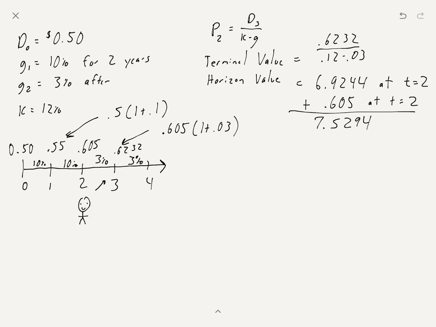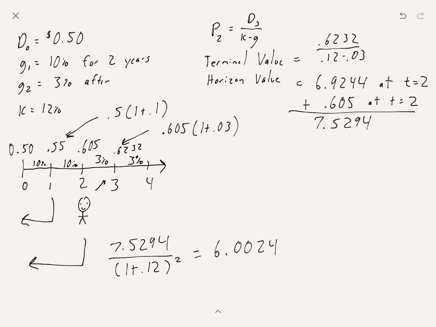Find the present value of the cash flows in year 2 and the present value of the dividend in year 1. The value of the stock is the sum of the present values.